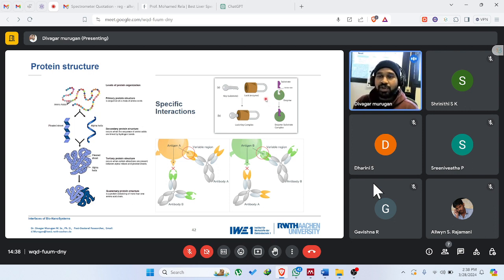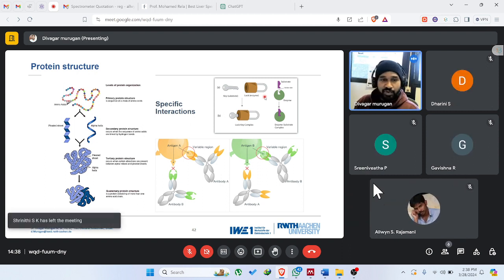This is how protein can be used as a biorecognition element. So the thing that you have to understand is, when you talk about a biorecognition element, the most important part is your selectivity. How selective your biorecognition element is.